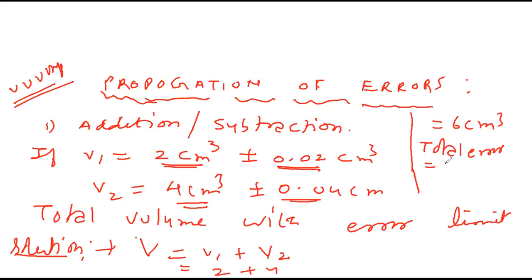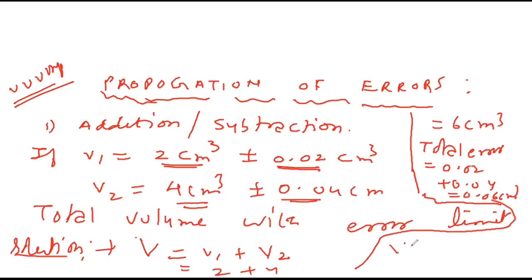So total error will be 0.02 plus 0.04, that is the same as 0.06 centimeter cube. So our actual volume with error limit is 6 plus or minus 0.06 centimeter cube. This is one of the easiest: addition of the actual values and addition of the errors. This is the final answer.